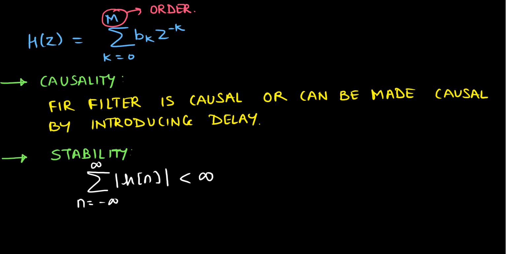Now this impulse response, that is h of n, is of finite duration or finite length, that is from 0 to m, and in this duration these bk's are finite values, and if we add finite values we are going to obtain a finite valued sum, and hence this condition of absolute summability is always valid in the case of FIR filters.